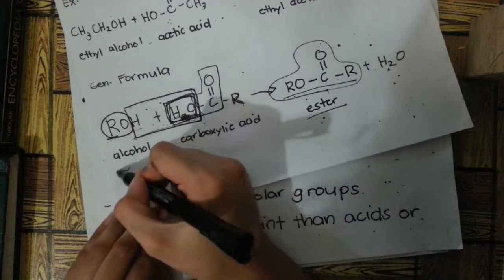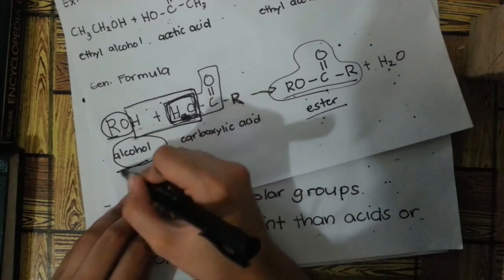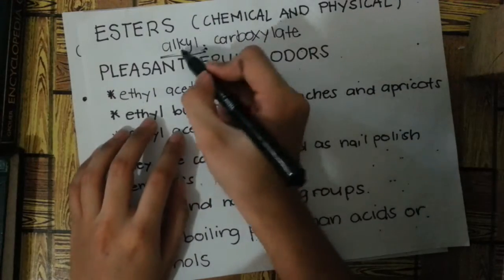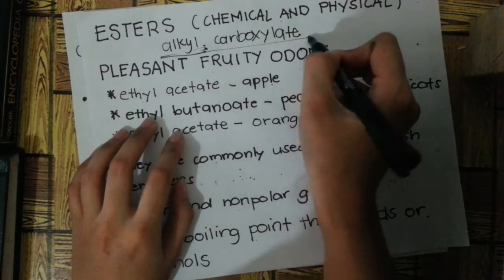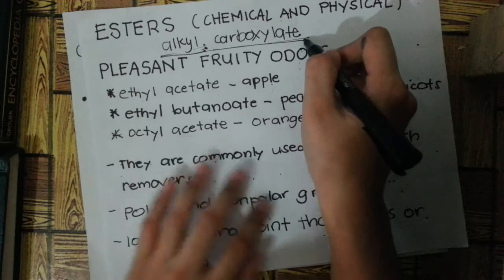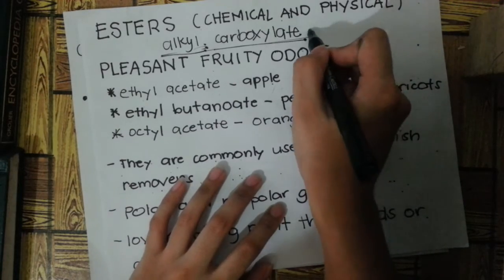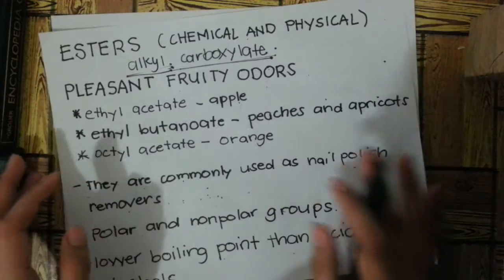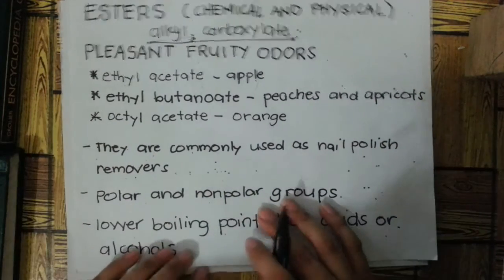This part of the reaction is what makes it alkyl, and carboxylate refers to the carboxylic acid reactant that is added to that specific reaction. So that would be it. That would sum up my presentation, and thank you for listening.